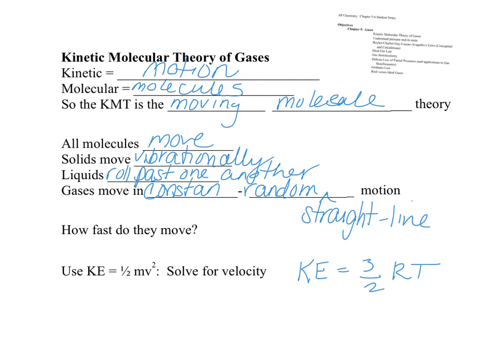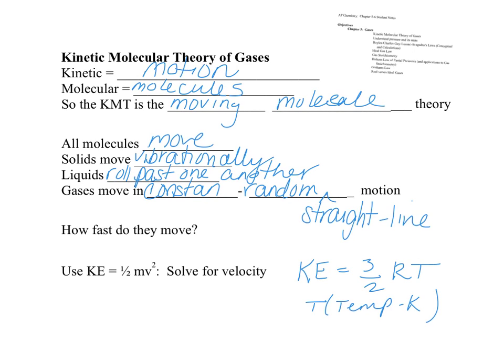So let's talk about the two of these. First of all, you know that the m in the 1/2 mv squared is mass. You know that v is velocity. And on the right-hand side, T is the temperature, so this is temp in Kelvin.